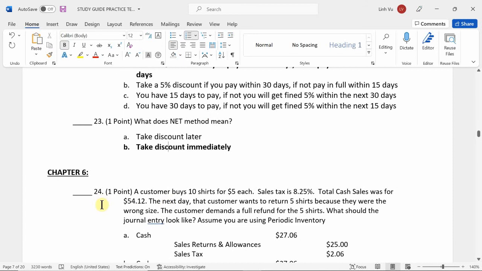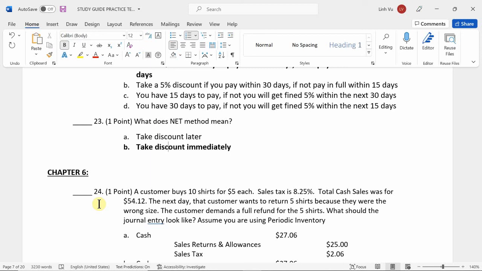Chapter 6, okay, we have here a customer buys 10 shirts for $5 each. Sales tax is 8.25%. Total cash sales was for a total of $54.12, okay? The next day, that same customer wants to return 5 shirts because they were the wrong size. The customer demands a full refund for the 5 shirts.